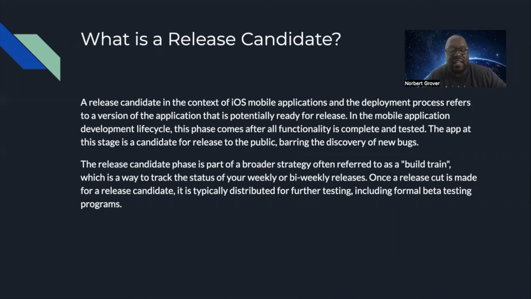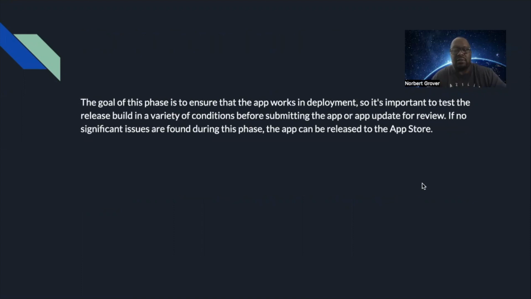The release candidate phase is part of a broader strategy often referred to as a build train, which is a way to track the status of your weekly or bi-weekly releases. Once a release cut is made for a release candidate, it is typically distributed for further testing, including formal beta testing programs.